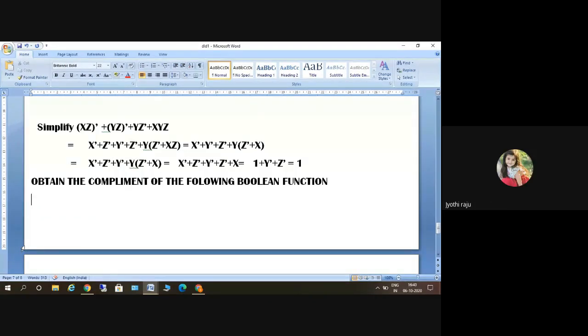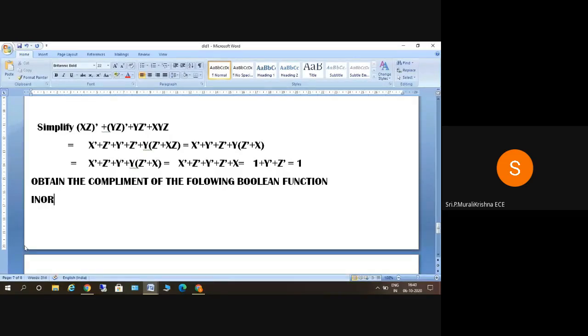Sir, exchanging plus with into. Exchanging plus with dot and dot with plus, and ones with zeros and zeros with ones. That is the duality. And performing the complement using duality will be like this. First of all, find the dual of the function. Afterwards, complement each and every literal. Yeah, you got that right.